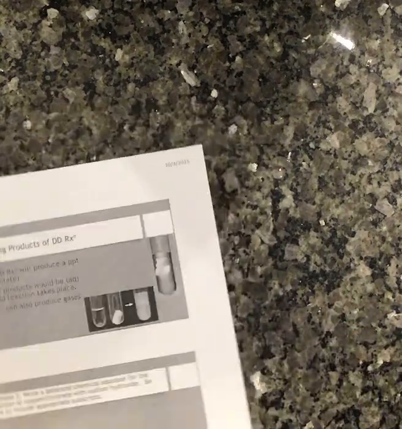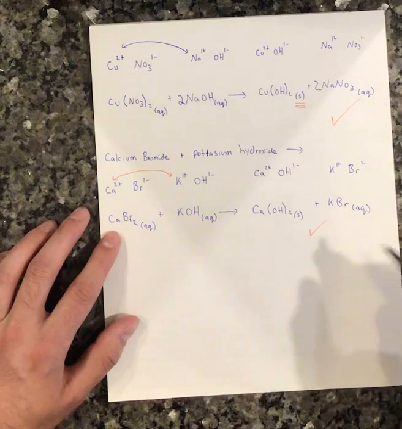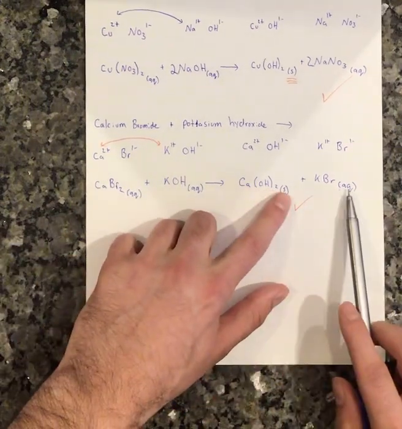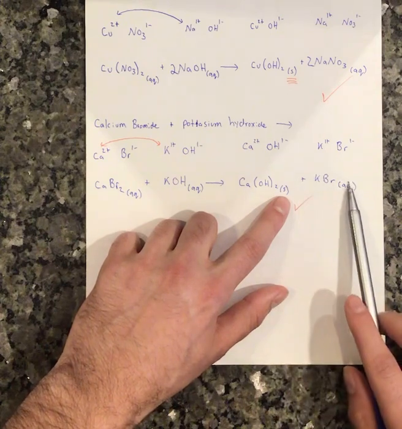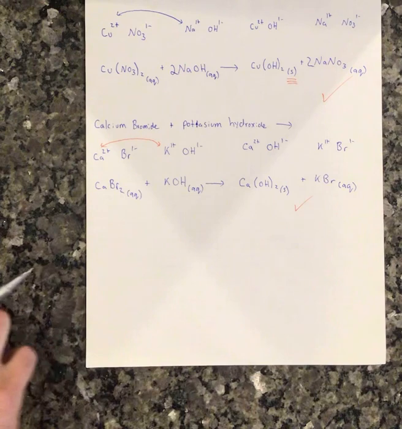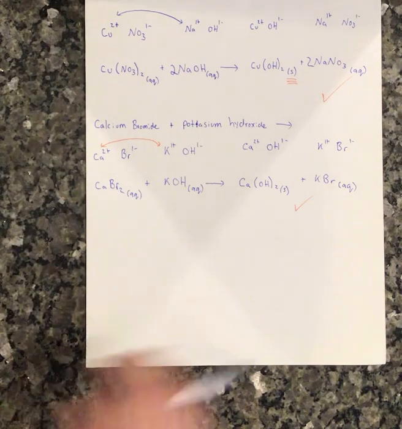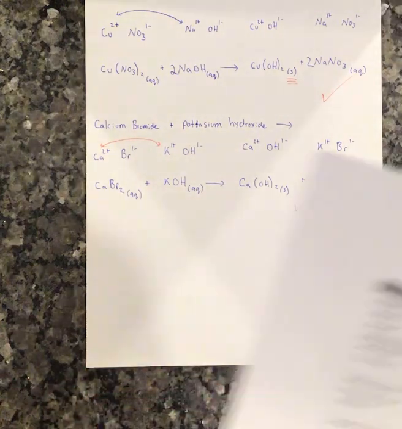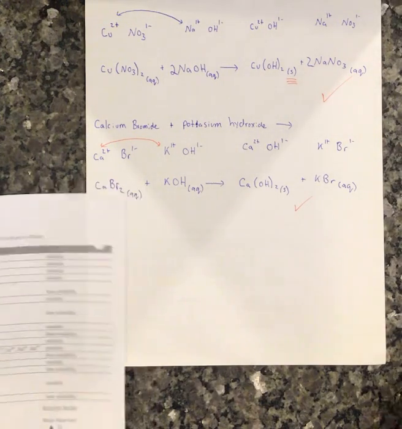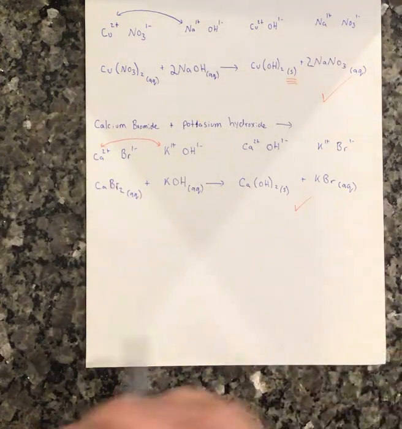Now if by chance all of your products were aqueous, you would say that no reaction takes place. If they were all aqueous, you would have no reaction taking place.